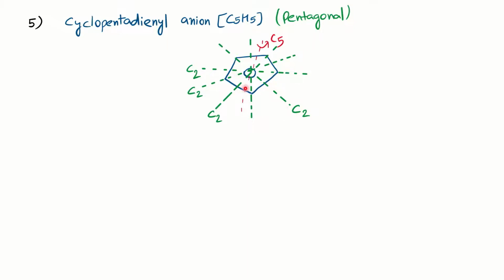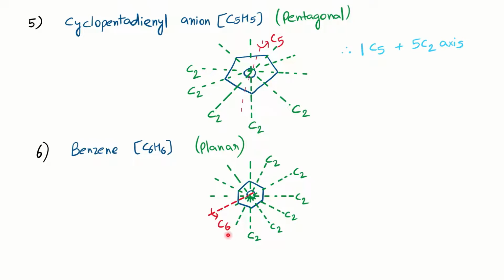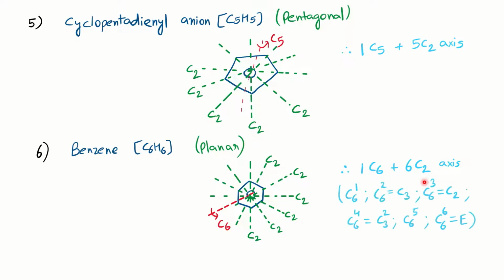As we know, it is again a planar molecule, and you can notice it with the green line. So you will be having 1 C5 and 5 C2. Similarly for benzene, it being planar, you have 1 C6 axis and 6 C2 axes of rotation. So you can notice Cn plus n C2 axes of rotation are there in all planar molecules.